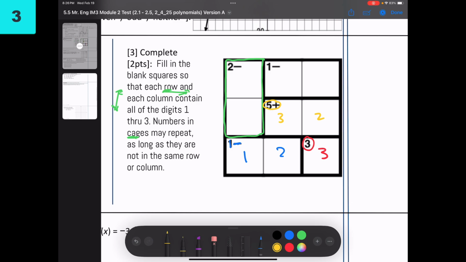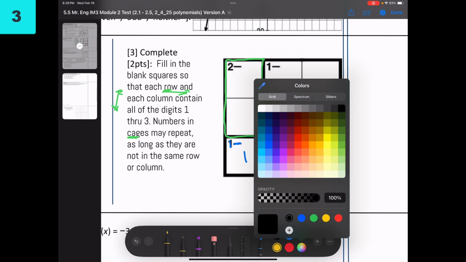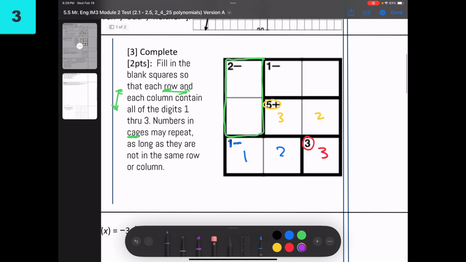Okay, let's go ahead and try going up and down. I'm missing 1, 2, and 3. Okay, so then I have some issues here because I can't have another 1 here. So I'm thinking these might have to be switched.